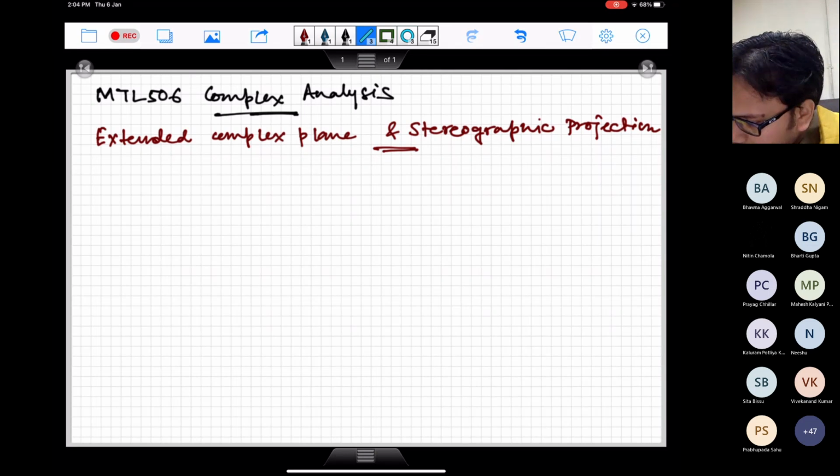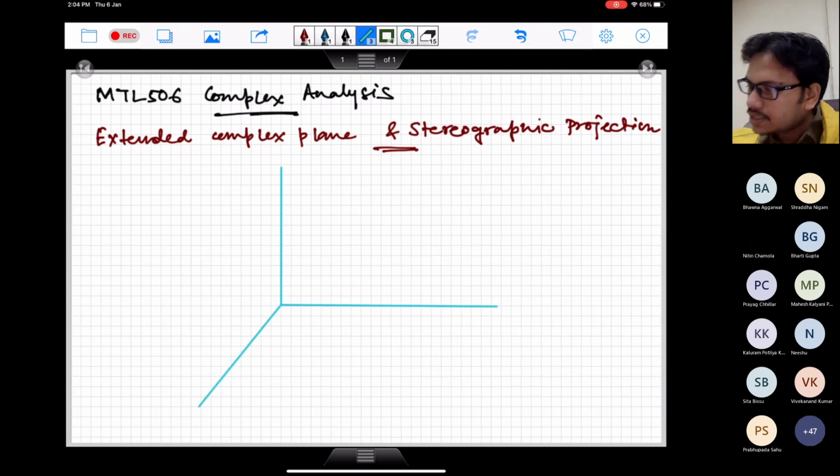So let me draw the picture first carefully. This is my coordinate system.